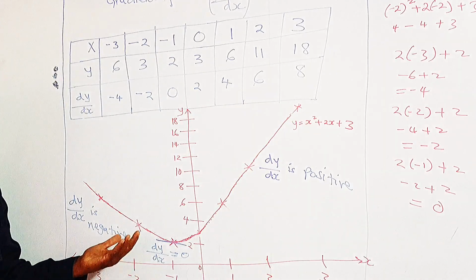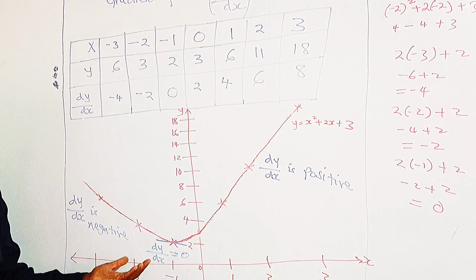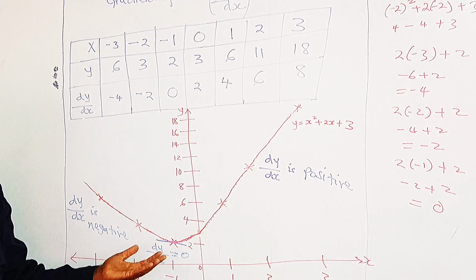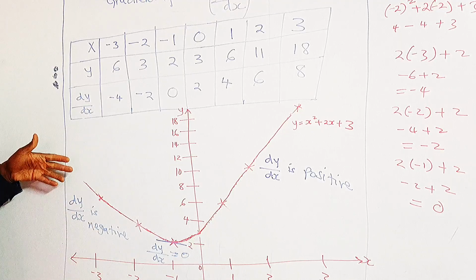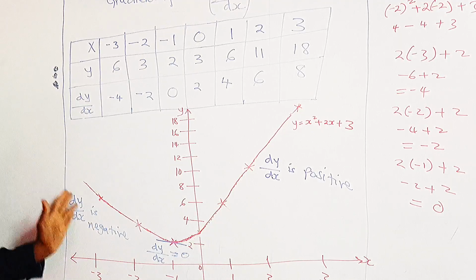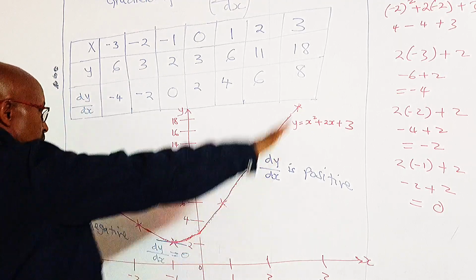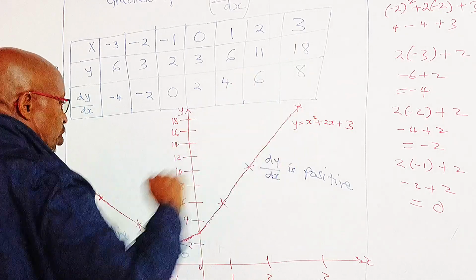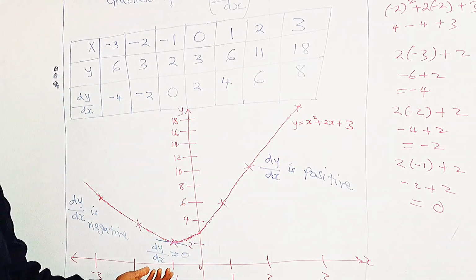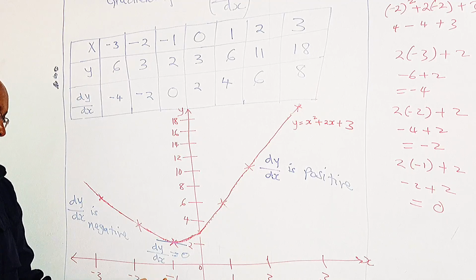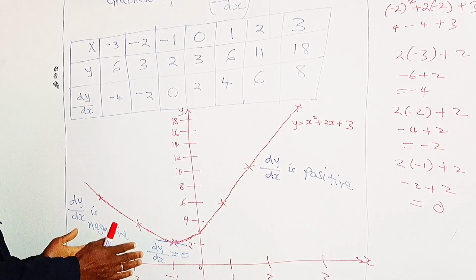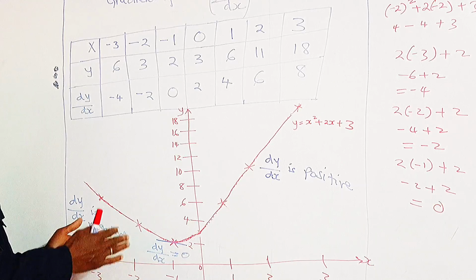Therefore, our point negative 1, 2 is a minimum point. We start from the far left, we have negative, then 0, then to the other side we have positive. So our dy/dx at the point negative 1, 2 is giving us a value of 0, and that point is a minimum to this curve.